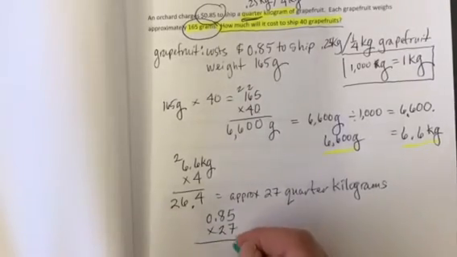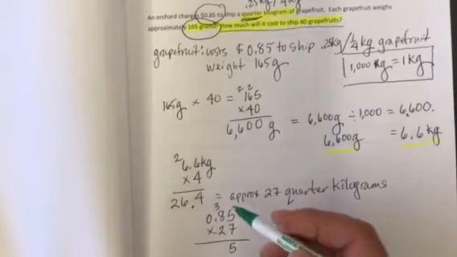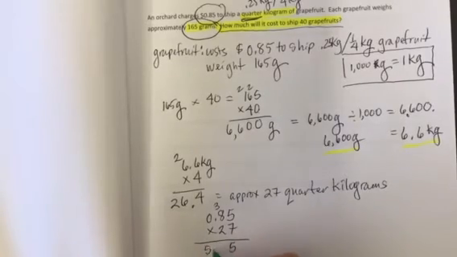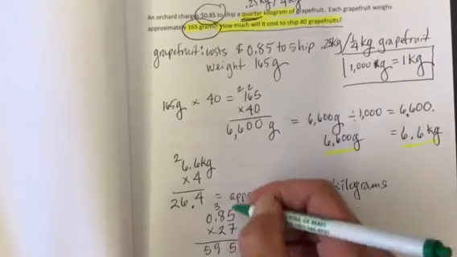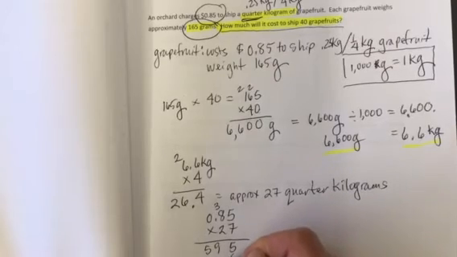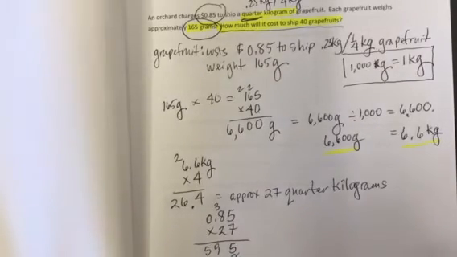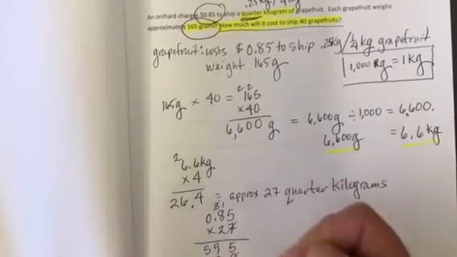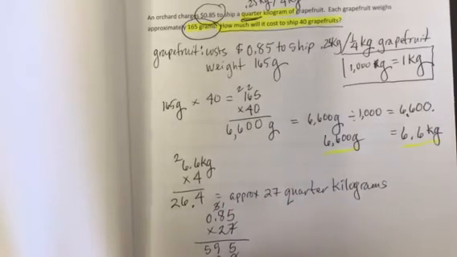5 times 7 is 35. Carry the 3. 8 times 7 is 56. 56 plus 3 is 59. Keeping my numbers all lined up in the right place value. Place value holder, you can use a 0 or an X. Put a little line through there if you like. And we've already multiplied that number, so I'm going to cross that off. 2 times 5 is 10. 0, carry the 1. 8 times 2 is 16, plus 1 is 17.